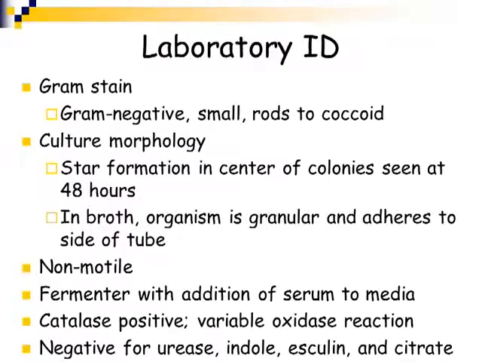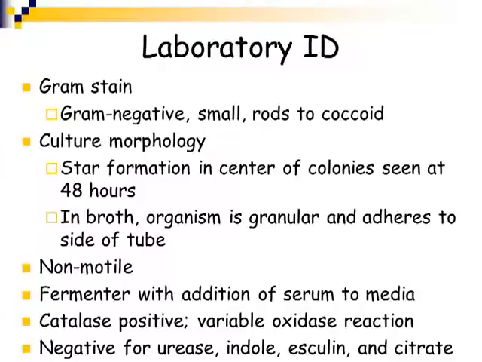In the laboratory, these are gram-negative small rods, and they are bacilli. They can be very tiny rods. On agar plates, they tend to form what's called star formation. Kind of looks like a star in the center of the colonies at 48 hours of growth. In broth, the organism tends to be very granular.